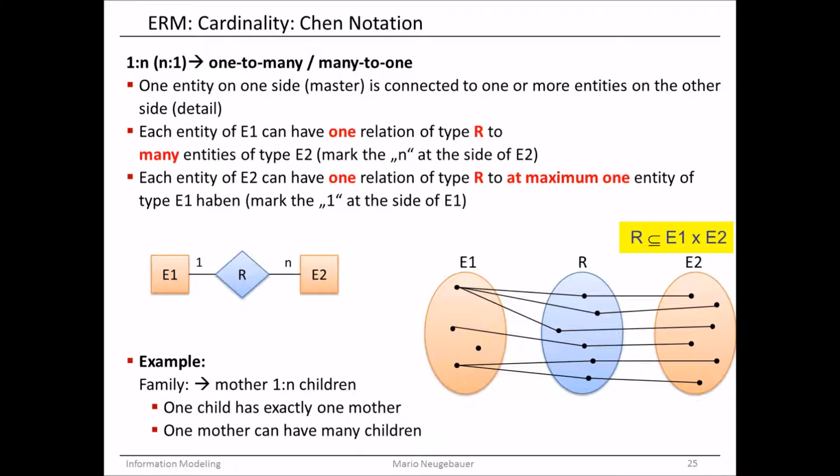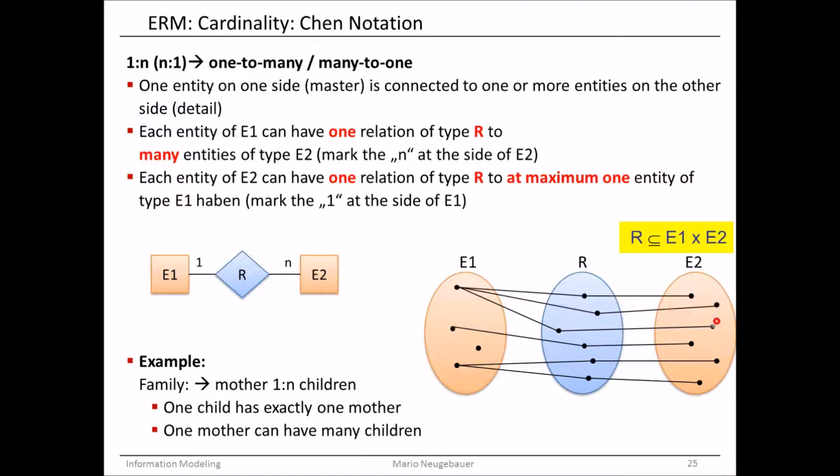And if you look into the other direction, from E2 to E1, then you see this element here, this entity in E2, has only one connection to the entity in E1. The second entity in E2, again has only one connection to another element in E1.